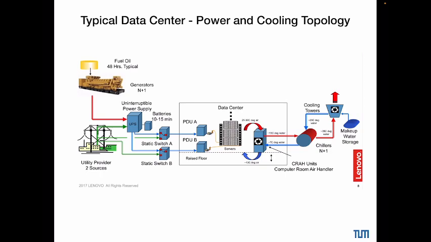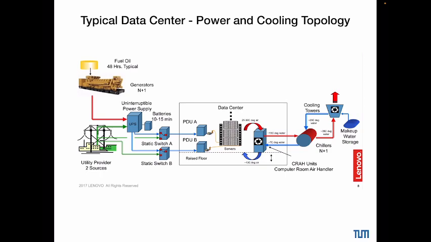And from here, we provide the power to power distribution units, and from there it goes to the racks, and the computation is done. One important thing is uninterruptible power. LRZ should not immediately go down if there is an outage.